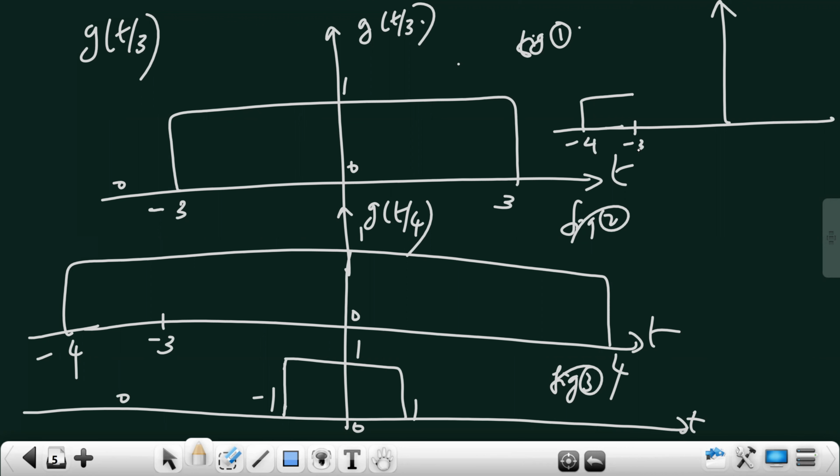Again, you will add from -3 to -1. If you add from -3 to -1, what will be the answer? 1 plus 0. That is, it will go towards 2. Isn't it? So from 1 it will go towards 2. Then go for -1 to 0.